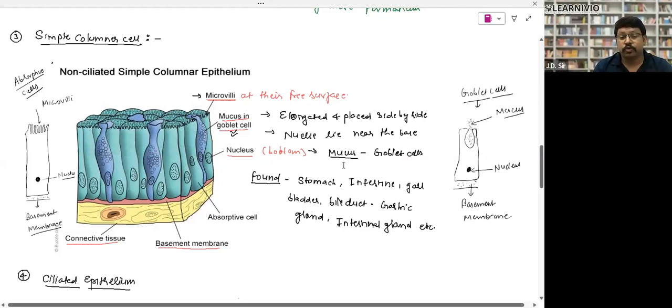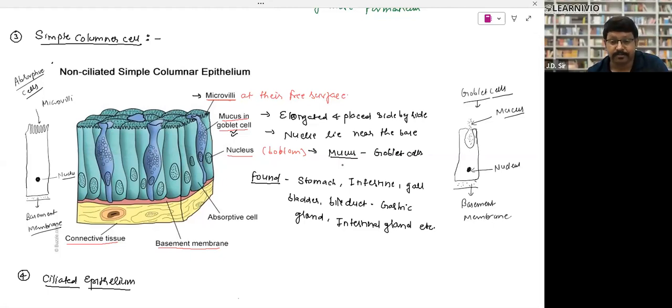Those columnar cells which secrete mucus, we call goblet cells. This is an important question. If they develop this microvilli-like structure, we call them ciliated columnar tissue. If they start secreting mucus like goblet cells, we call them glandular tissue.